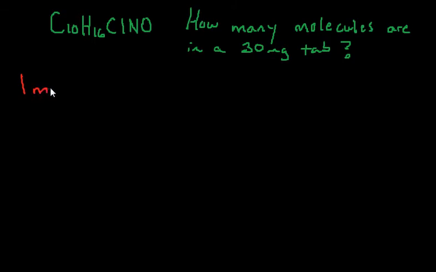Okay, so 1 mole. The best way I can explain this is 1 mole is a direct translation between grams and atomic mass units of an atom. So 1 mole equals the number of grams, which is equal to the number of atomic mass units. So let's do an example. Let's just pick chlorine.